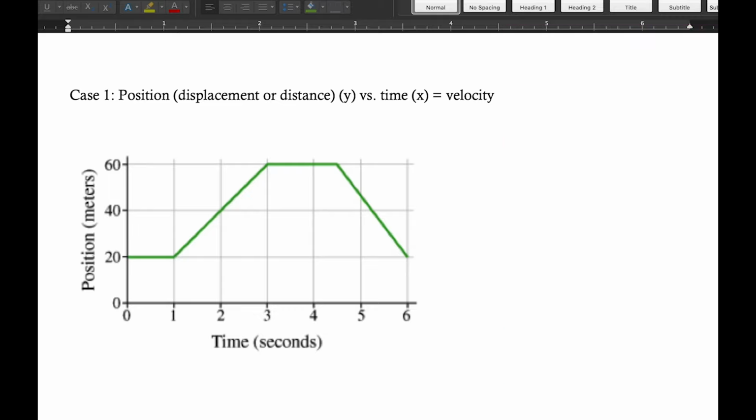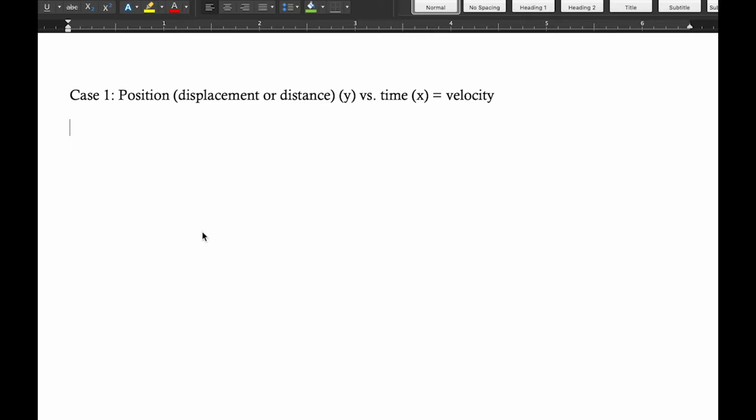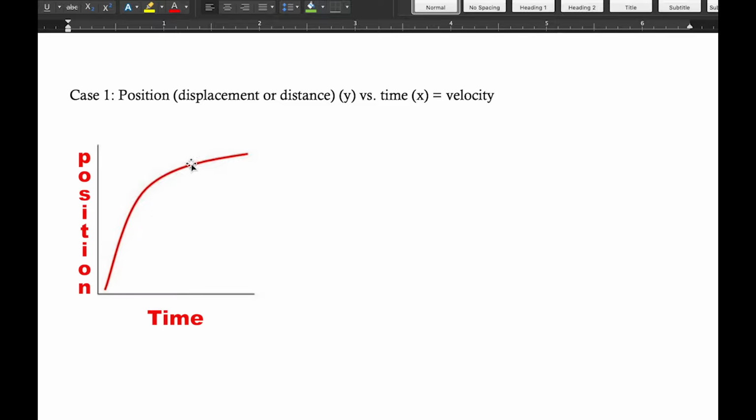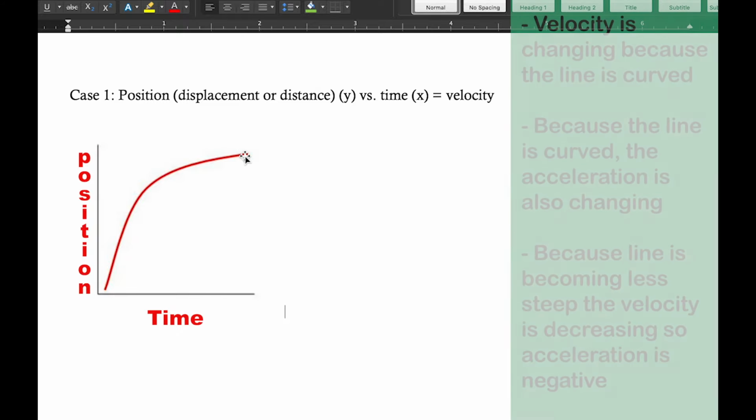Let's take another figure here. That's also position versus time. As you can see here, first of all, it's curved, which means that the velocity is changing.